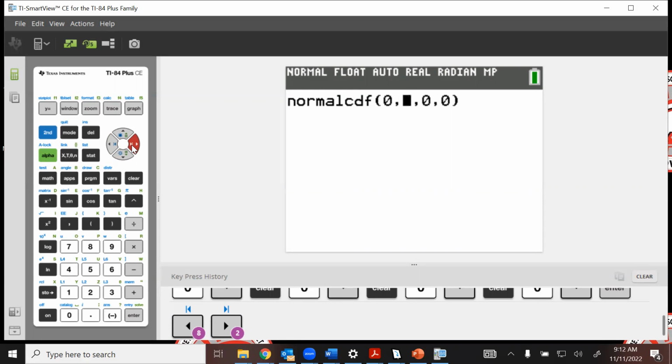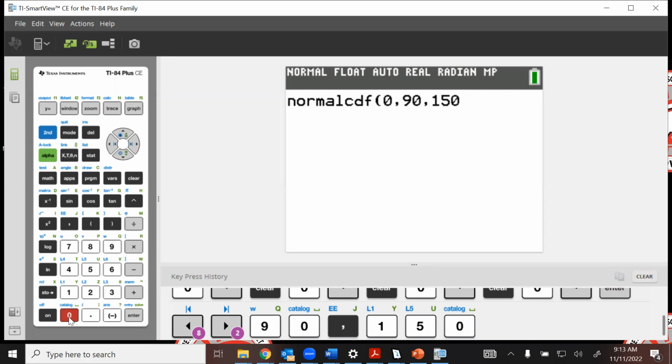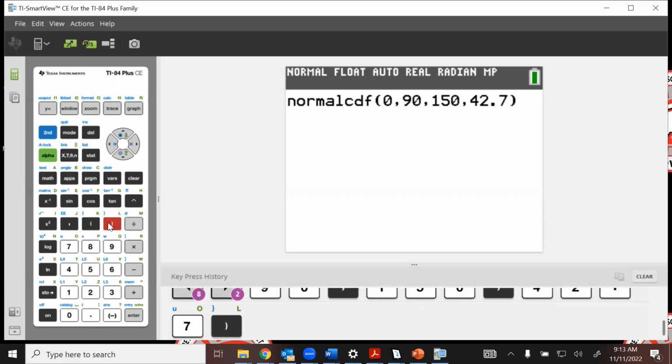What's the highest I want this to go? 90. So I'm going to put 90. And then I need a comma. Then I want the mean. What was our mean? 150. And a comma. And then I need the standard deviation. What was our standard deviation? 42.7. I'm going to close my parentheses. I'm going to hit enter.